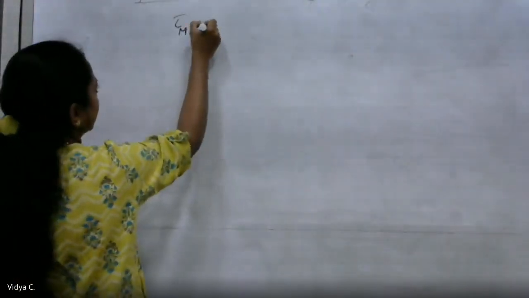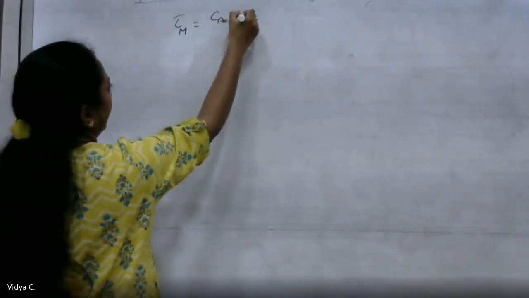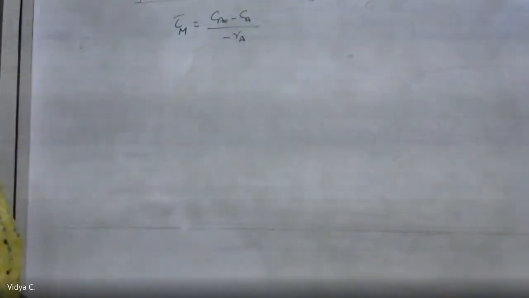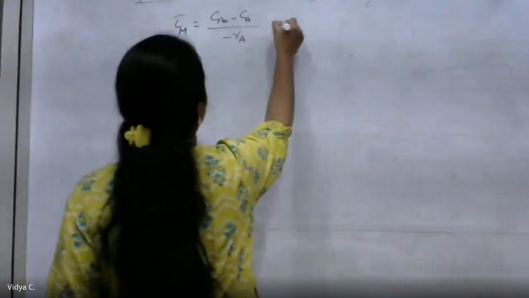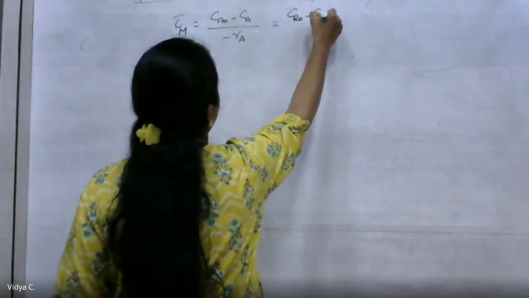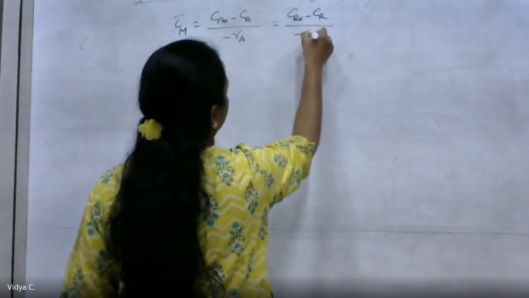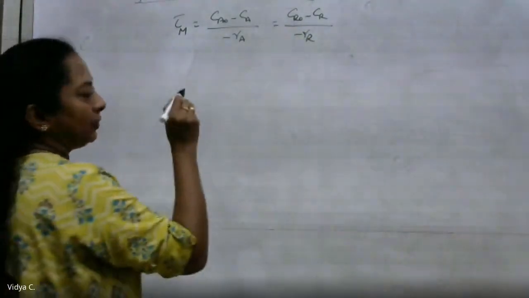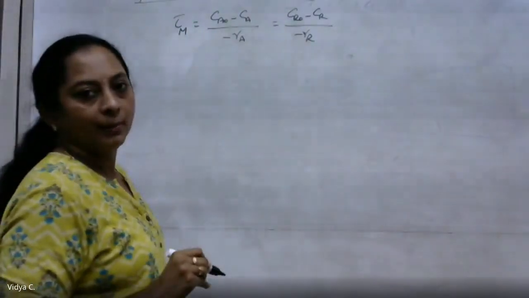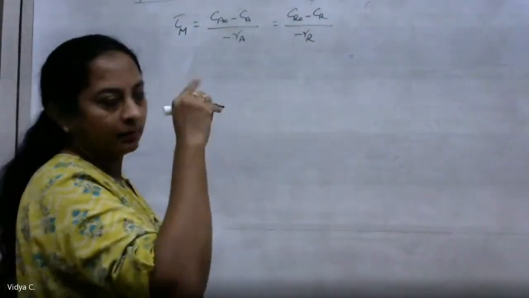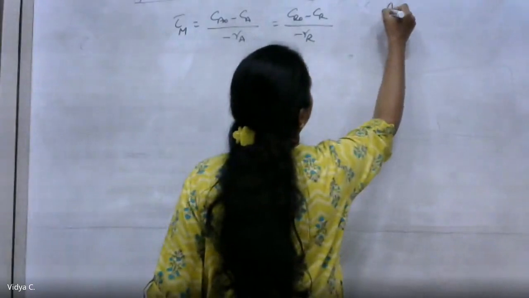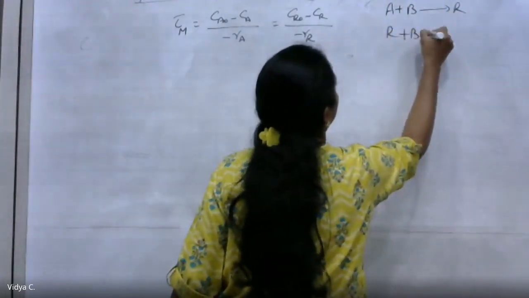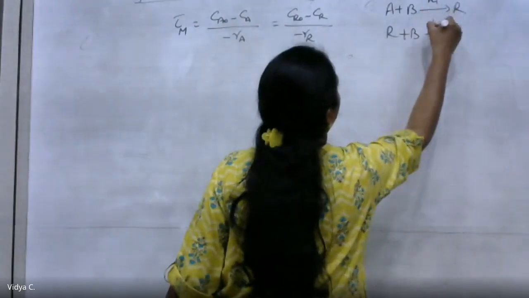Performance equation is equal to CA naught minus CA by minus RA, which can also be written as CR naught minus CR by minus RR. But we know what is minus RA and what is minus RR from the previous slide: A plus B gives R, R plus B gives S, with K1, K2.